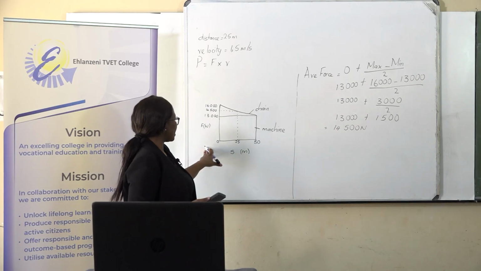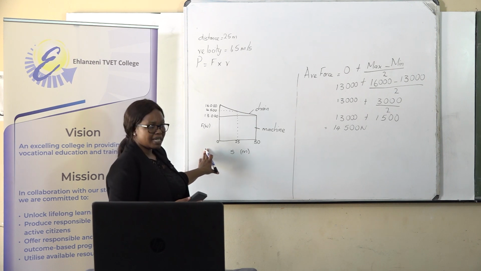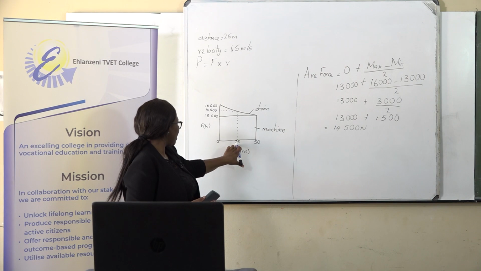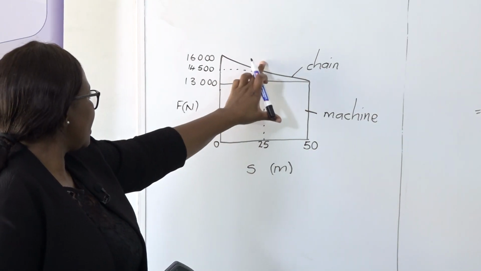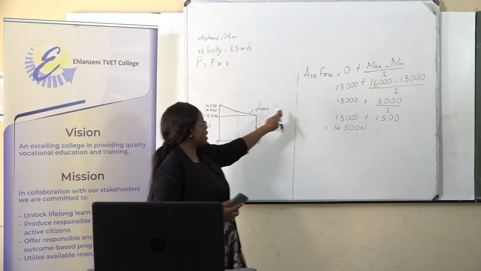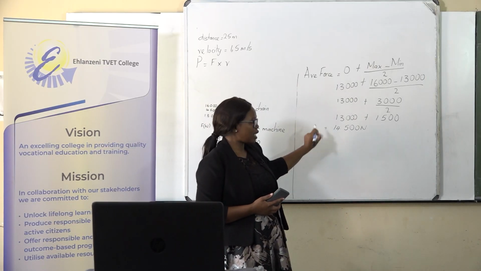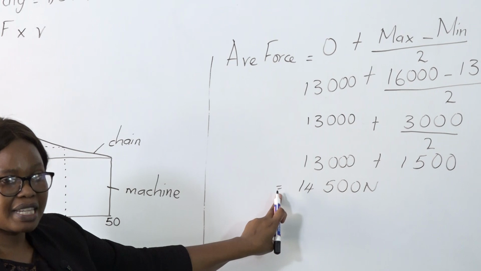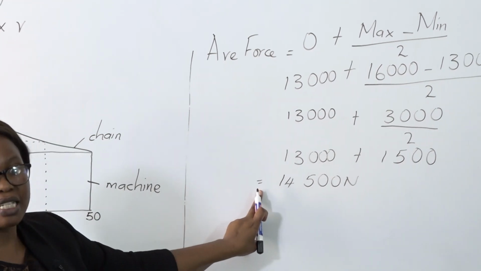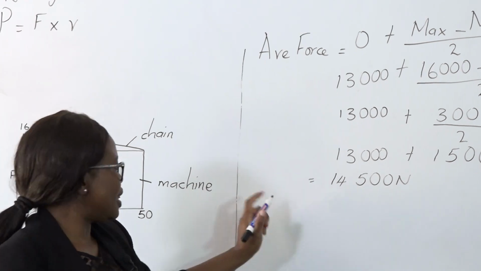Then we look at our graph to prove it, to check that we are on the same spot. Here we say that the average is 25, the middle, then where it ends, then we turn. It's 14,500. And here our average force, after we calculate it, we get 14,500 newtons. Force is measured in newtons.